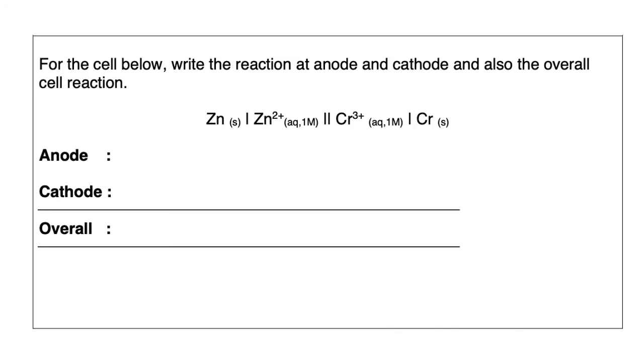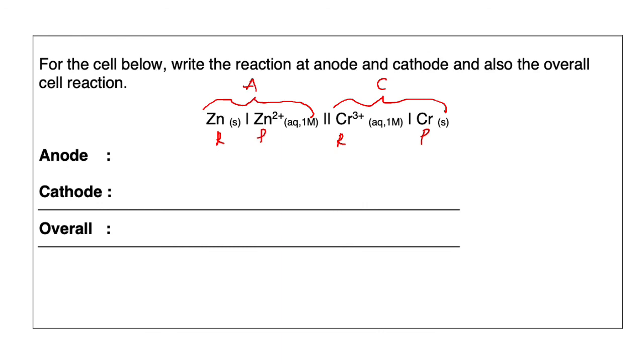Now let's take a look at this example. You are given a cell notation, and the question is asking you to write the half cells and the overall cell. So how are we going to do this? Since you know that this is anode and this is cathode, this is reactant, this is product, this is reactant, and this is product, it is easy for you to write the half cells.